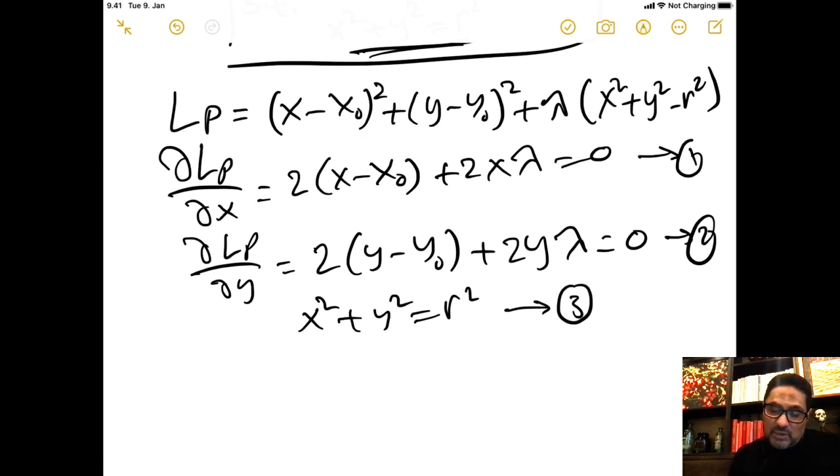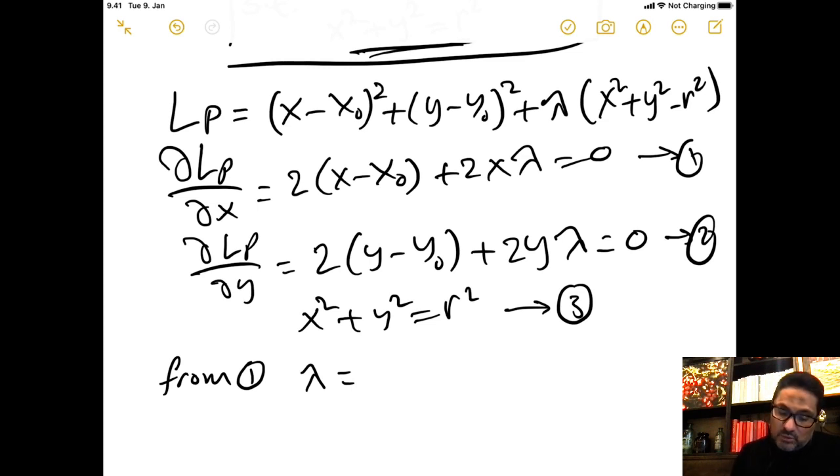By looking at equations 1 and 2, we can easily cancel 2 from both equations. Then we can calculate x based on lambda, so it would be better.